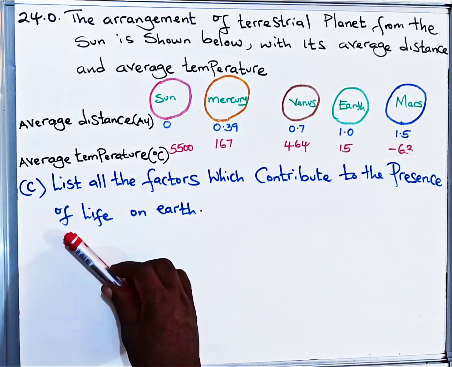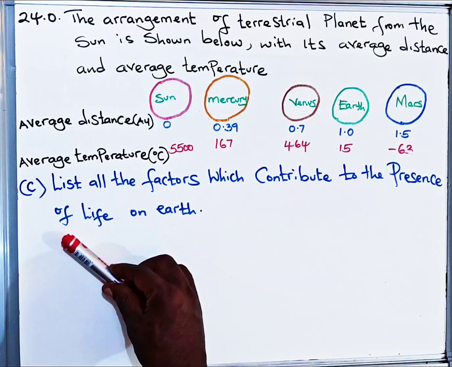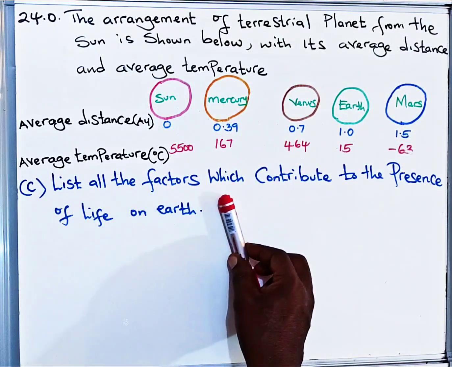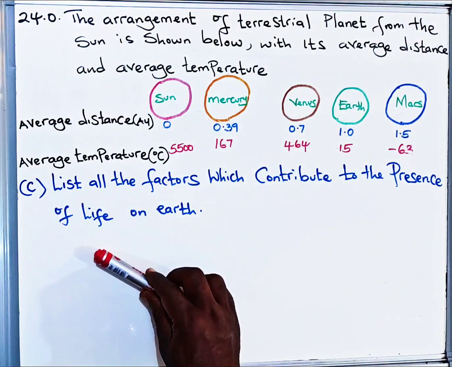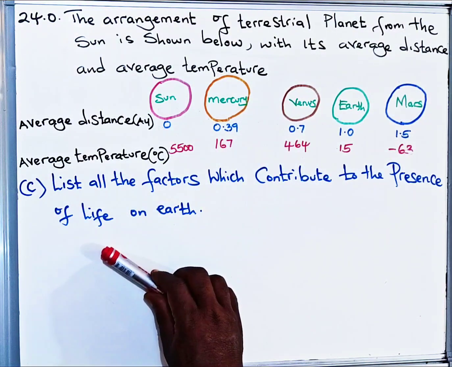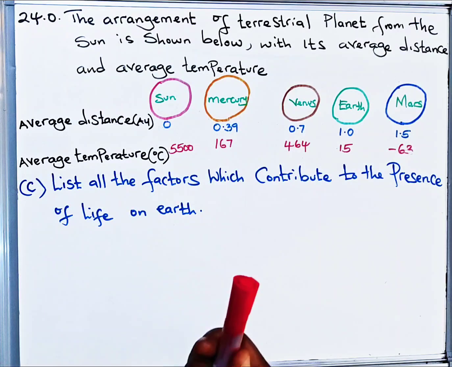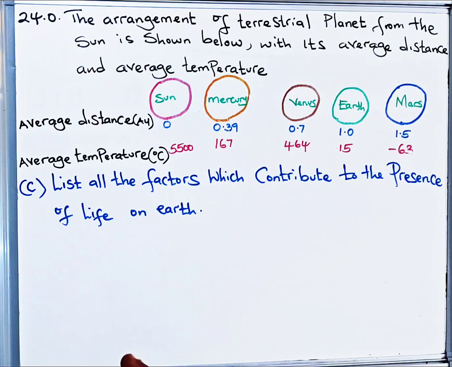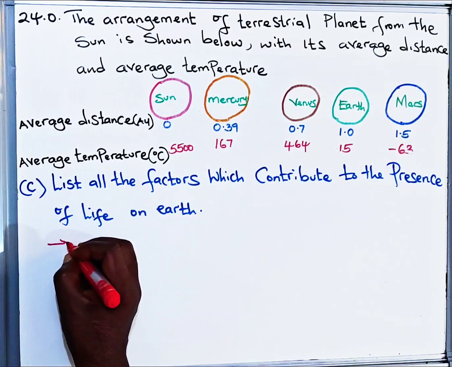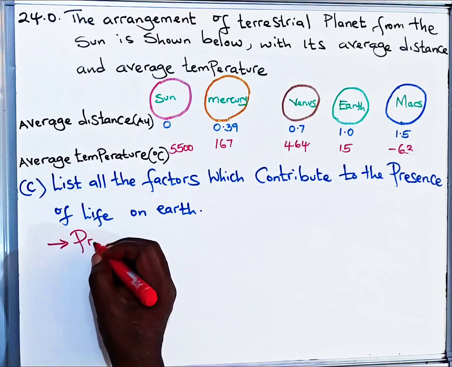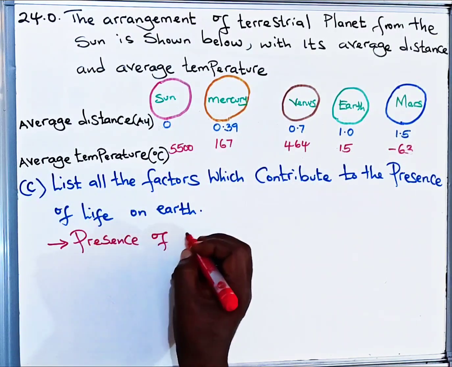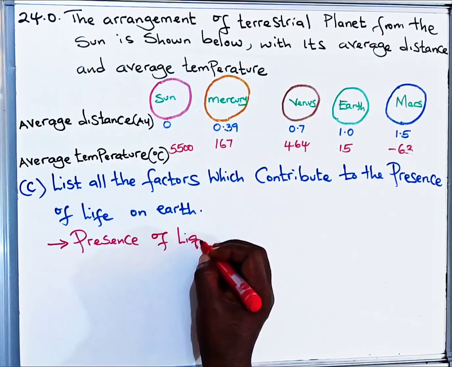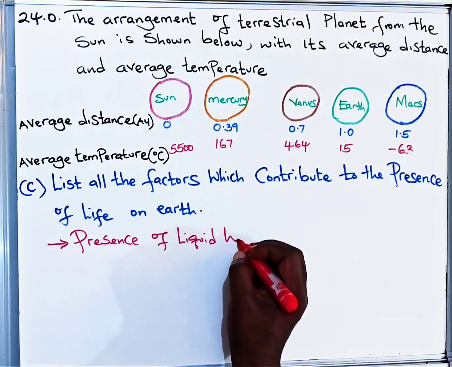Then we come to this question. It says, list all the factors which contribute to the presence of life on Earth. There's one which we can't miss, and the first one we have just described in the previous question, which is the presence of liquid water.